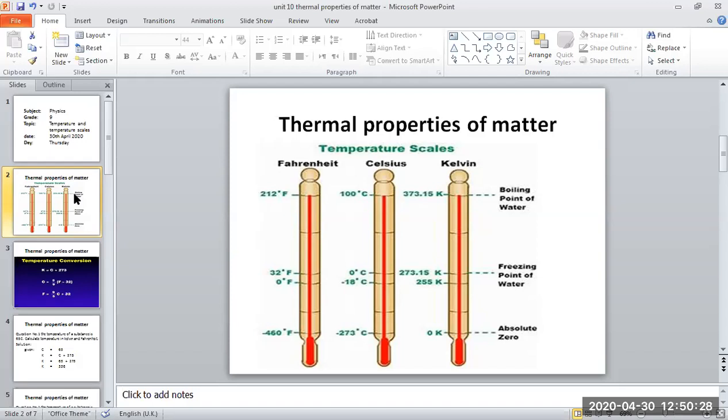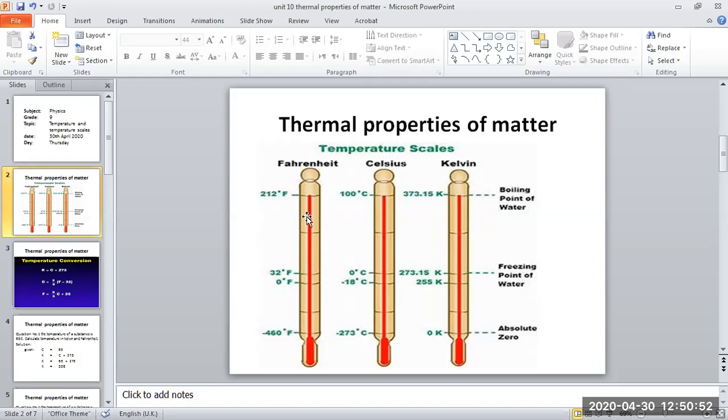We measure length in meter, centimeter, or kilometer. Like this, we measure temperature in Celsius, which is the most common that we use in our daily life. But temperature has three scales: Fahrenheit, Celsius, and Kelvin.